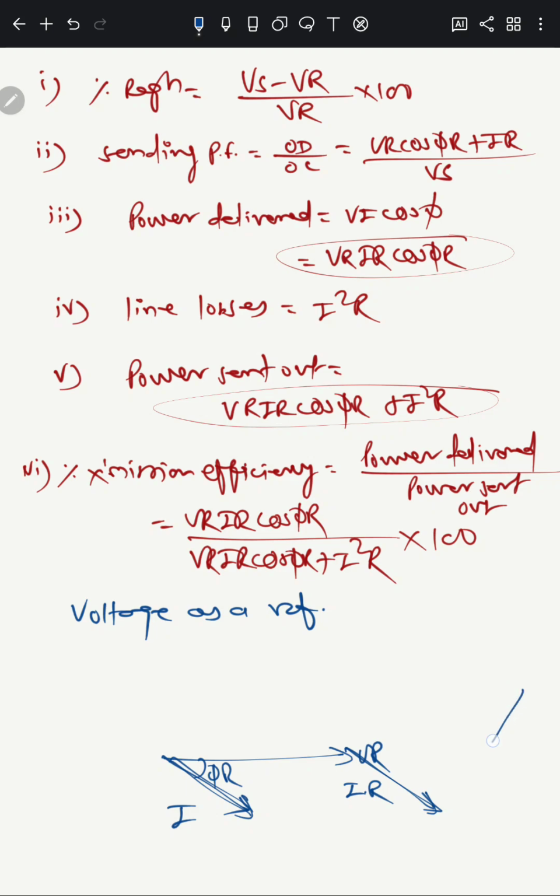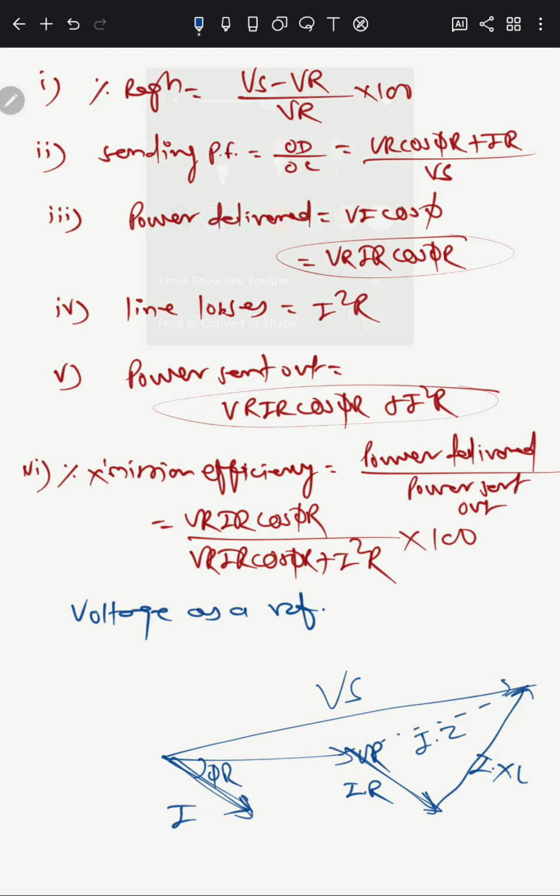Then R and XL as per the previous concept. Then R plus jXL is Z, so I can write here impedance I into Z, so this will become I into XL, I into R, and now I have to connect this, which will become Vs.